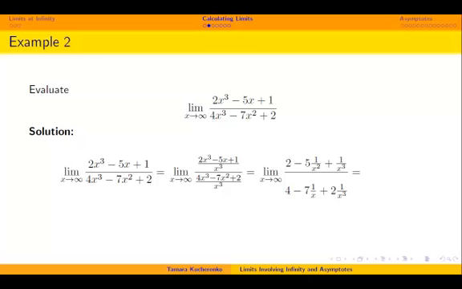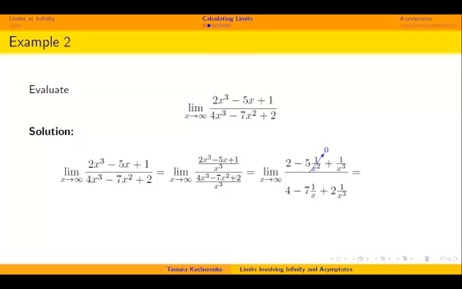We use limit laws and compute the limit of each term separately. In the numerator, 2 is a constant, so the limit of 2 is 2. Since 1 over x to the n approaches 0 at infinity for any n, here for n equals 2, we get that 1 over x squared goes to 0. The same is true for 1 over x cubed.